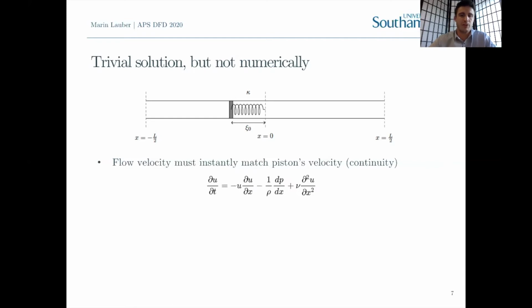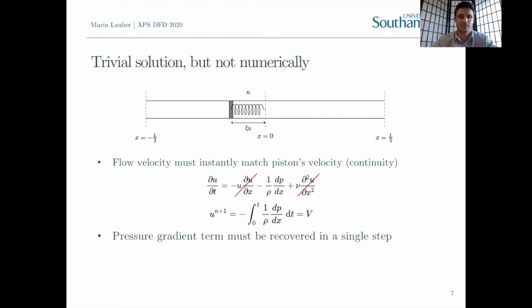We know that the flow velocity must instantly match the piston velocity from continuity. But what is actually driving the flow to this velocity? If we look at the 1D Navier-Stokes equation and start from a static fluid, we just have two terms remaining. If we integrate this in time and use the initial condition, we see that the pressure gradient term is the term that drives the flow to the correct final velocity, that is, the piston velocity.